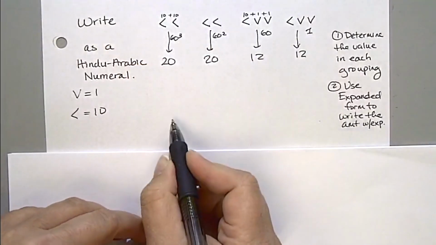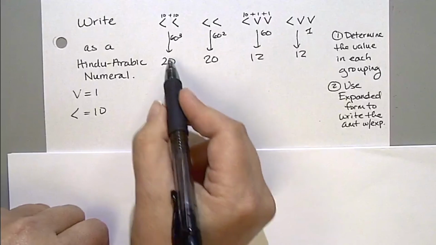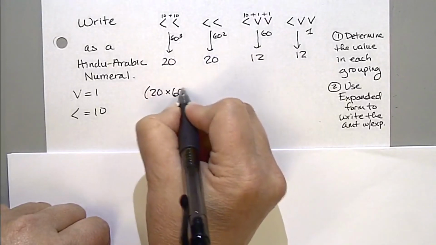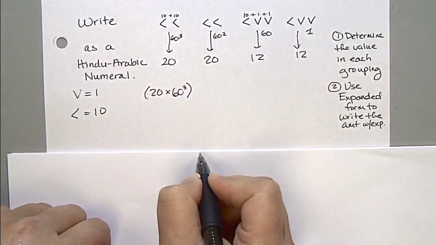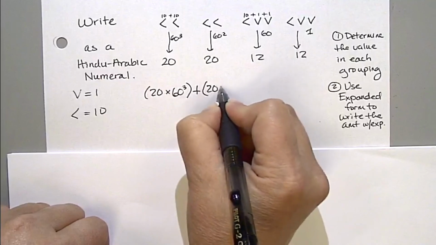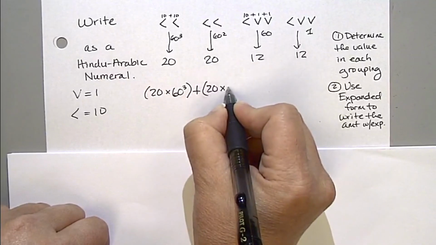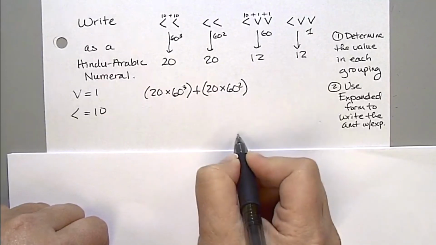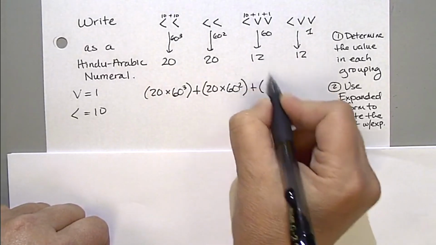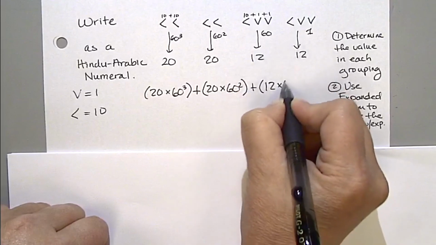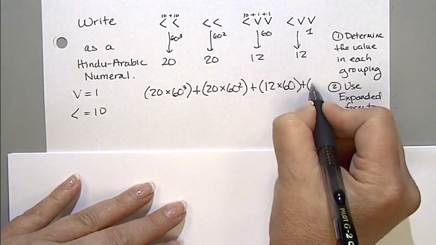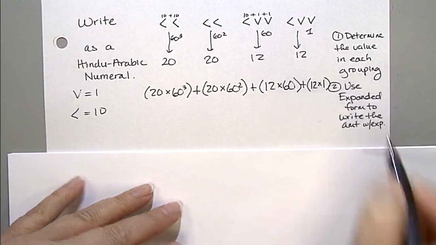So now for step 2, I'm going to write this in expanded form. I have 20 times its place value of 60 cubed. Plus, I have another 20 times its place value of 60 squared. Plus, I have a 12 times its place value of 60. And then lastly, I have another 12 times its place value of 1.